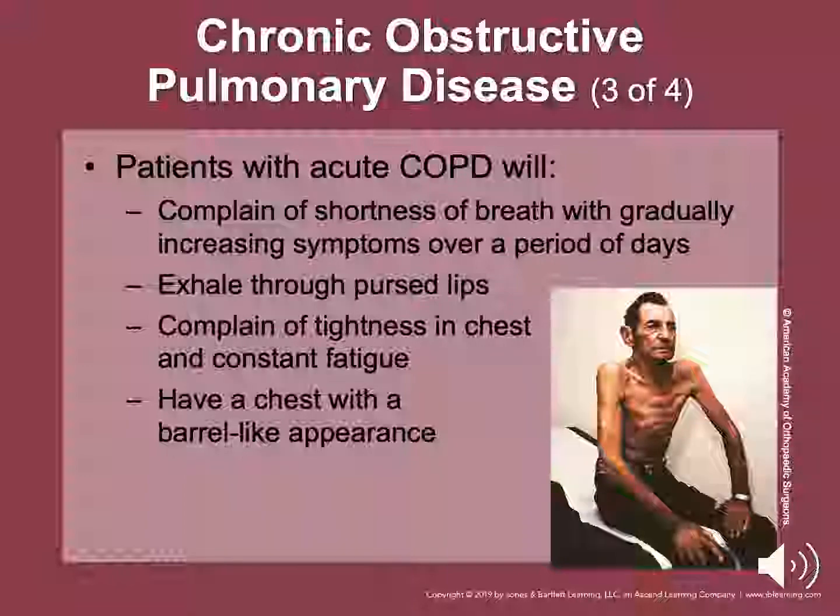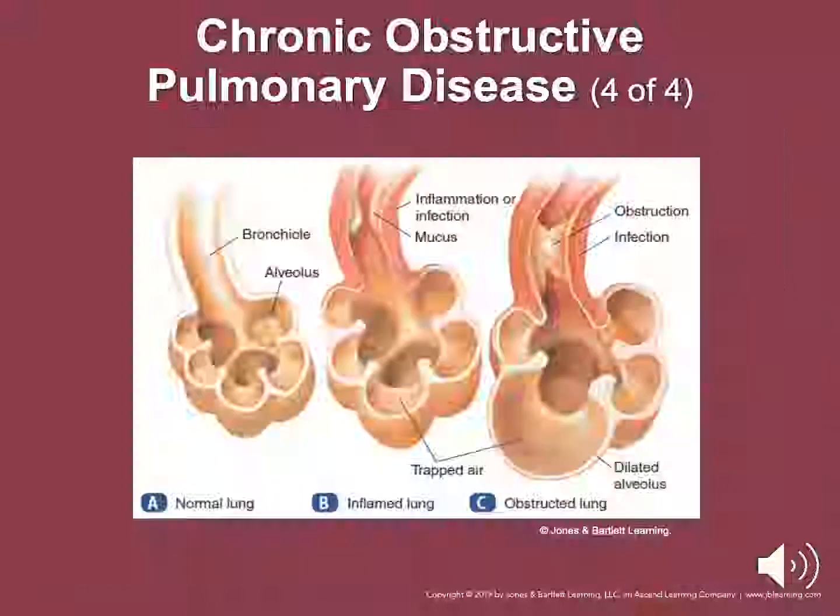Patients with acute COPD will complain of shortness of breath, with symptoms gradually increasing over a period of days. They exhale through pursed lips, complain of chest tightness and constant fatigue, and have a chest with a barrel-like appearance, which you see in this picture. So this is where the inflammation is due to the mucus buildup in the bronchioles.